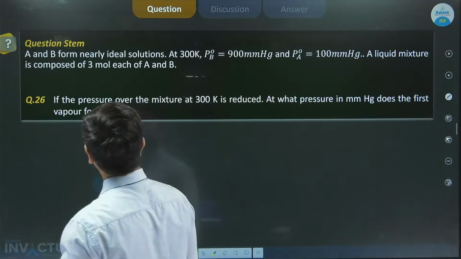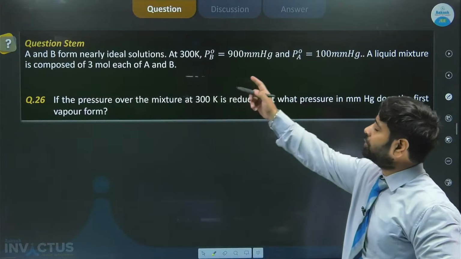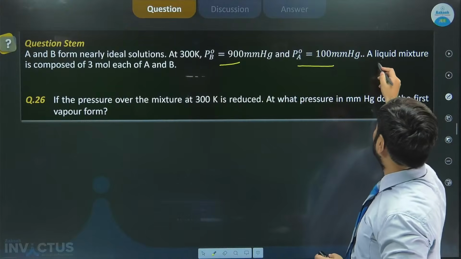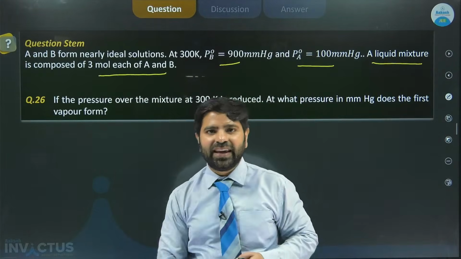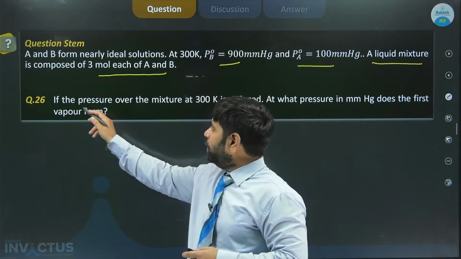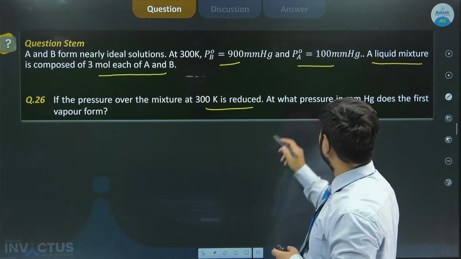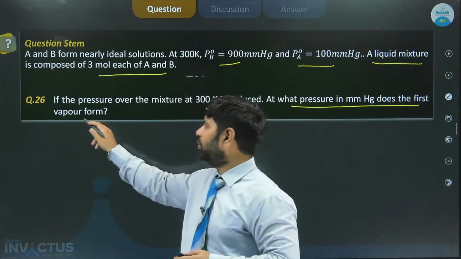Next, again another question stem is given. A and B form a nearly ideal solution at 300 Kelvin. P naught B is given to you and P naught A is given to you. A liquid mixture is composed of 3 moles each of A and B. What is it asking? If the pressure over the mixture at 300 Kelvin is reduced, at what pressure in mmHg does the first vapor form?